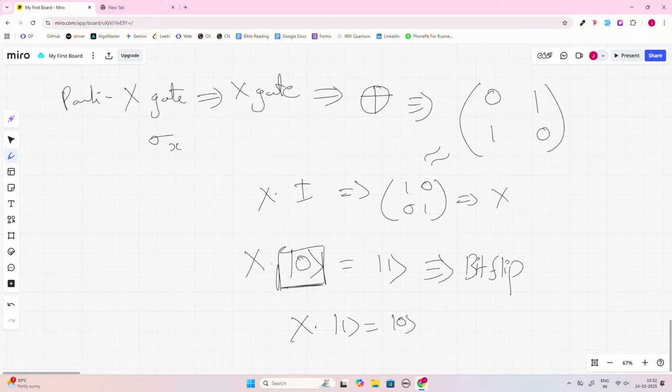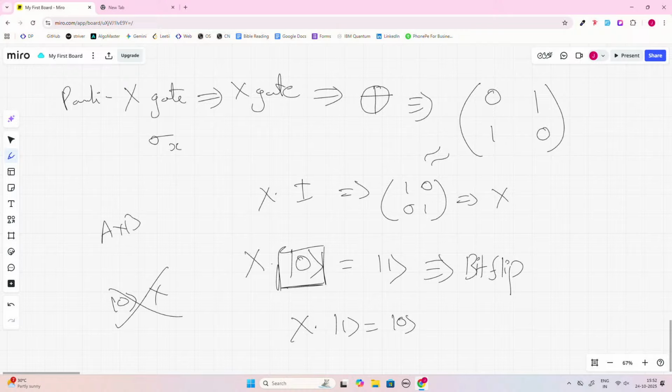And one more thing, if I want to write it mathematically or symbolically, the meaning goes like this. For example, casually, if I say A into B, this is what you will be doing, right? If I am applying the X gate on the 0th state, I should not write it like this.